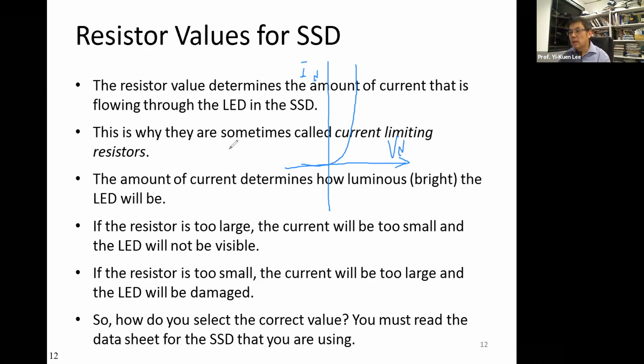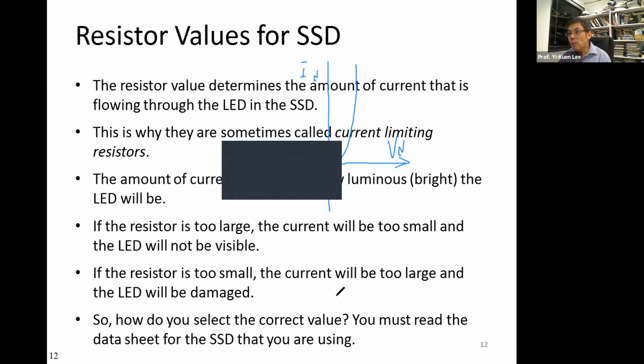So for example, for the one in your Arduino kit, let me see if I can open this. Let me try to show you. Did you see this?